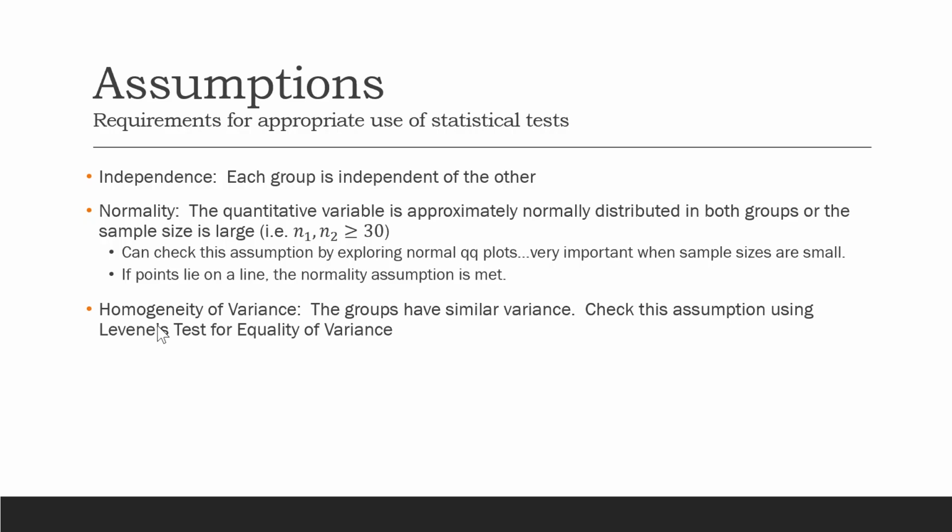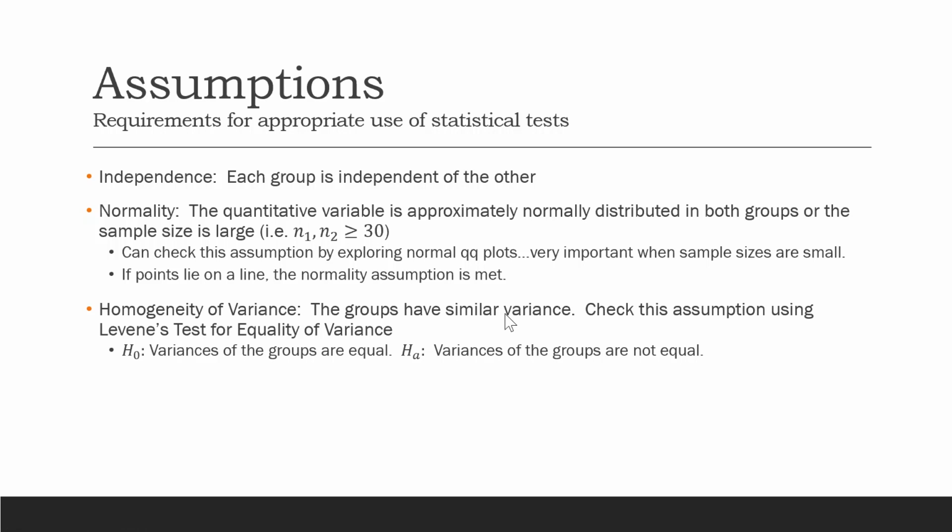Of course, in the sample, they're not going to be exactly equal, but we want them to be at least similar. There is a hypothesis test called Levene's test for the equality of variance that we can use to test this assumption. The null hypothesis for that test is that the variances of the groups are equal. The alternative hypothesis is that they are not equal, right?